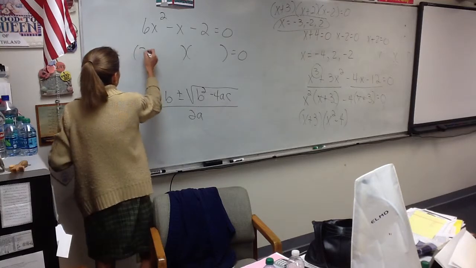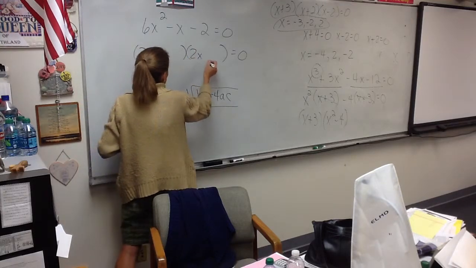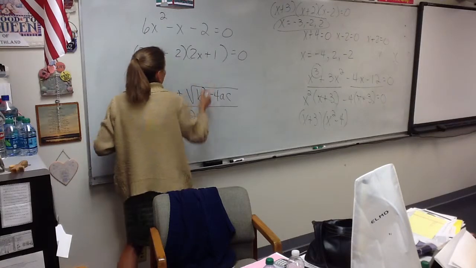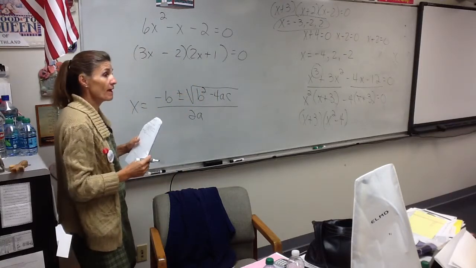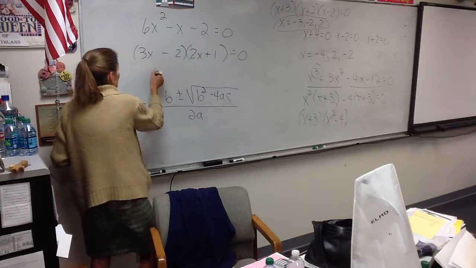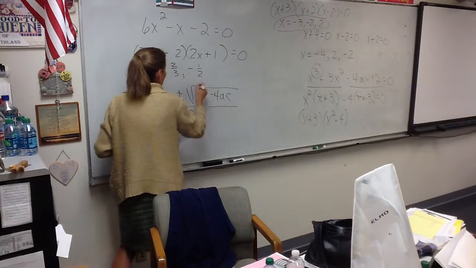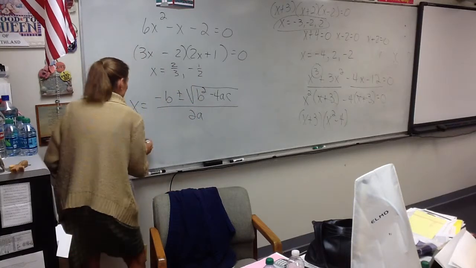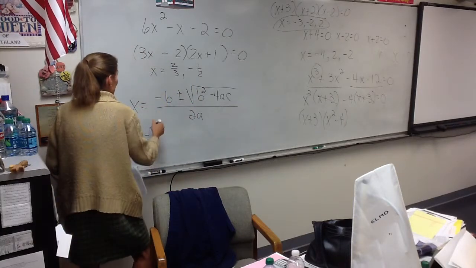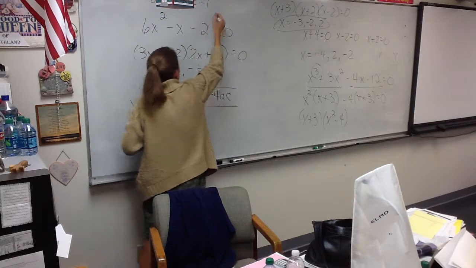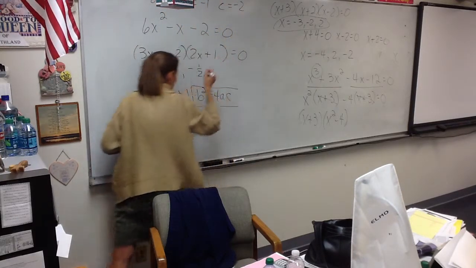If you want to factor it, you can. It would factor like that if you wanted to factor it, which would mean x would equal 2/3 or -1/2. But I think a lot of you are going to choose to use the quadratic formula because you don't like to factor with numbers like this, and that's okay.